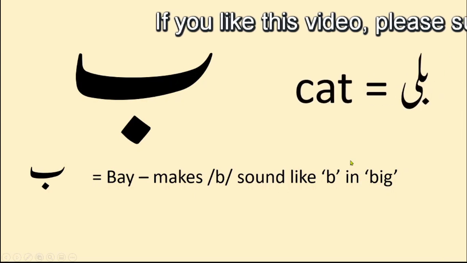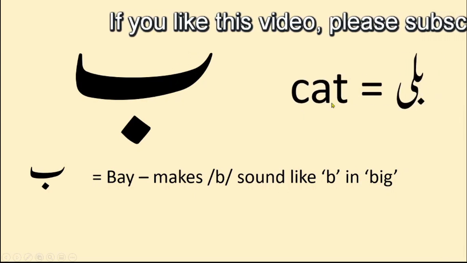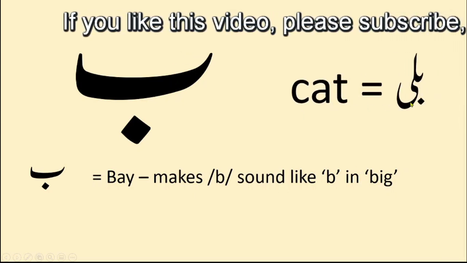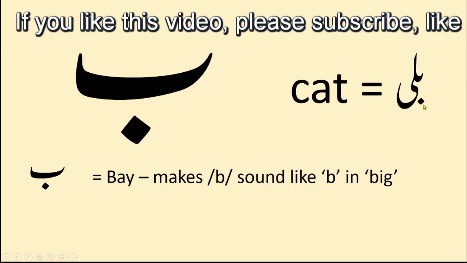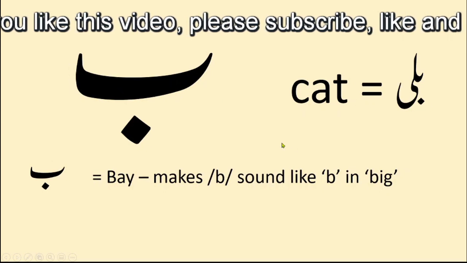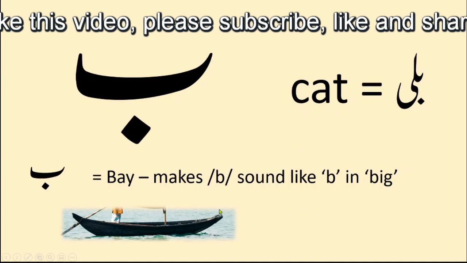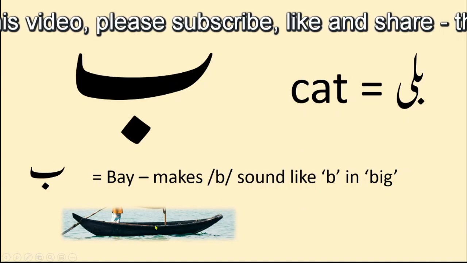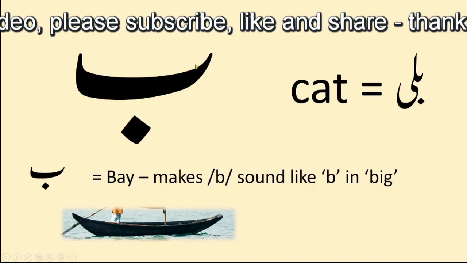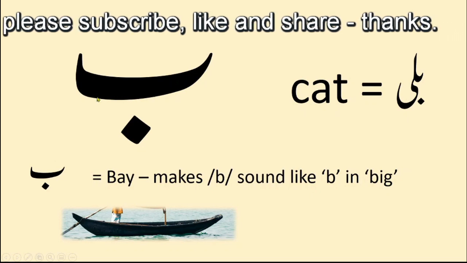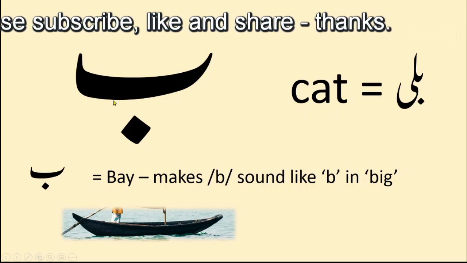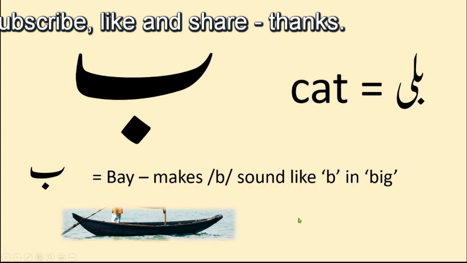Okay? A cat is known as billi in Urdu. So, be, billi. Now, before we move on, I want you to look at this boat again. Right? Boat and Be. So, Be has a boat shape. Right? Now, let's move on.